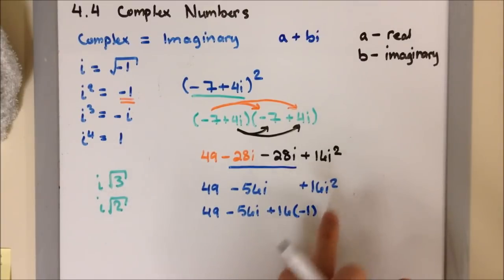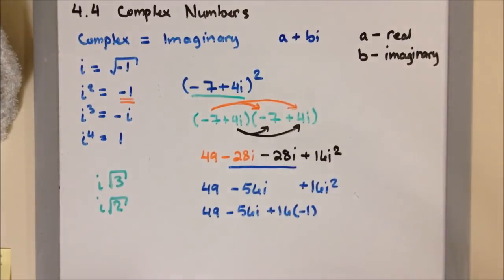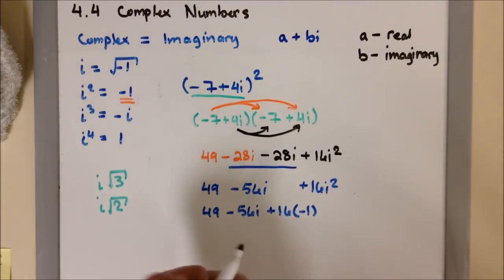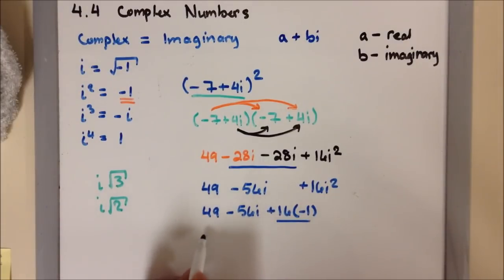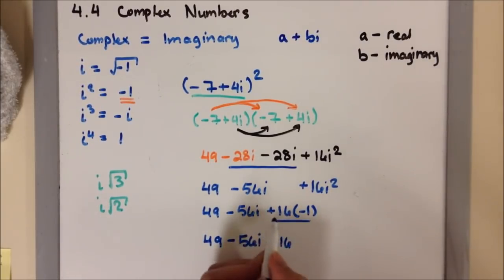So again, I switch out i squared with negative 1. Then from there, I'm going to multiply 16 with negative 1. So it's going to be 49 minus 56i minus 16, because positive 16 times negative 1 is negative 16. Now I'm going to combine my real numbers.